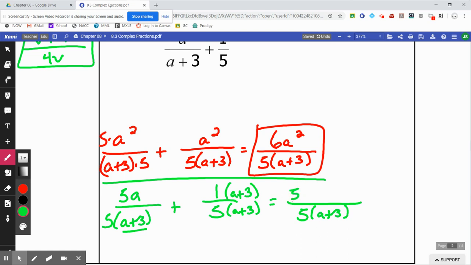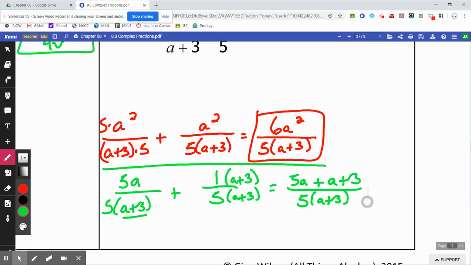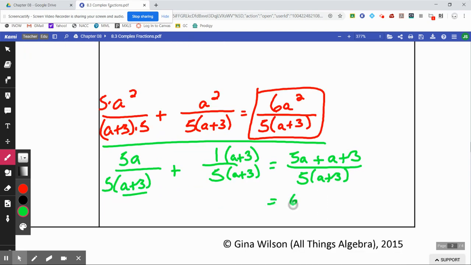On top you have 5a plus 1 times a plus 3, which gives you a 6a plus 3 over 5 parentheses a plus 3. The top can be factored. Let's pull out a 3. You're left with a 2a plus 1 over 5 parentheses a plus 3.